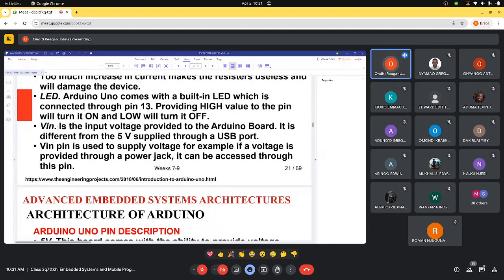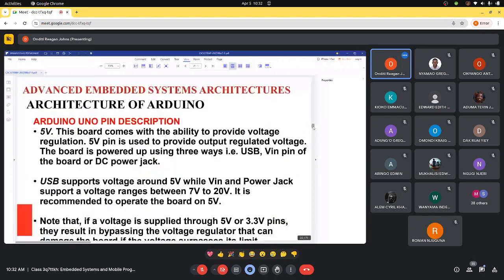If I need excess voltage apart from 5 volts, then I give this board 12 volts using the jack on the board. Then if I want to consume that power, I can only consume it through the VIN pin. And this we'll see practically in our subsequent practical class.